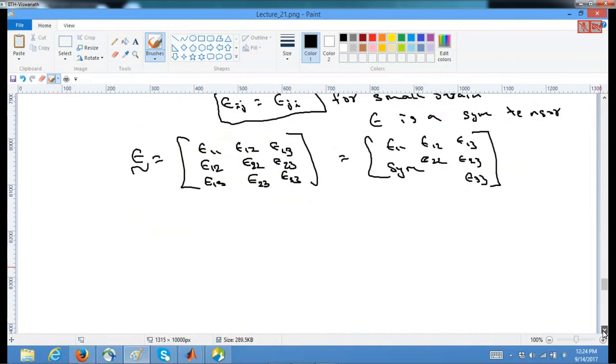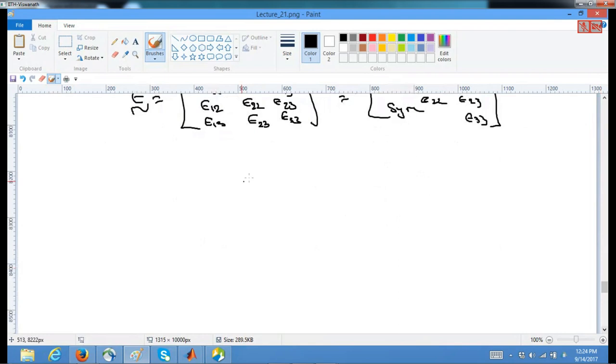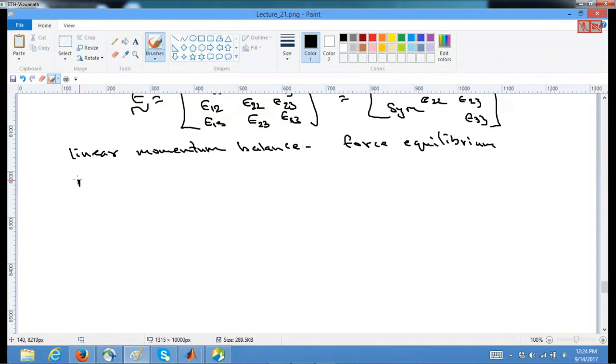For example, let us say that any given structure, a two-dimensional structure, has to satisfy something called linear momentum balance, also called force equilibrium, and angular momentum, that is called moment equilibrium.